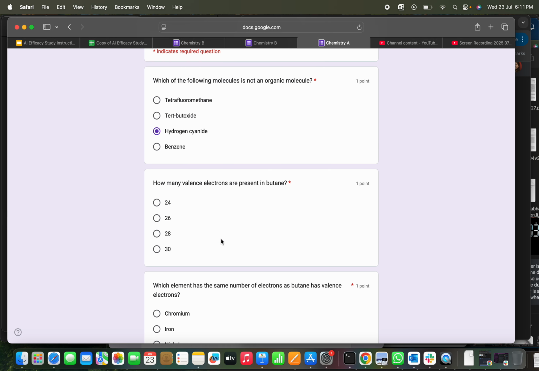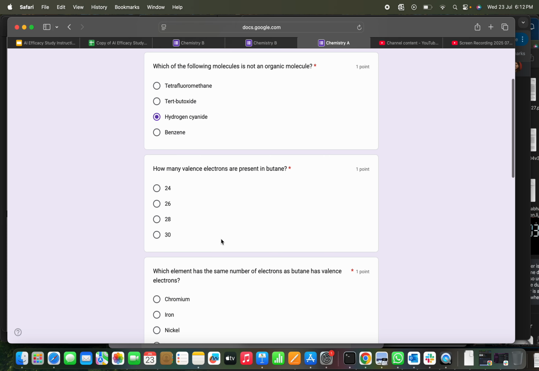How many valence electrons are present in methethpropbut? Meth is CH3. 3 means 6. CH3, CH2, CH3.